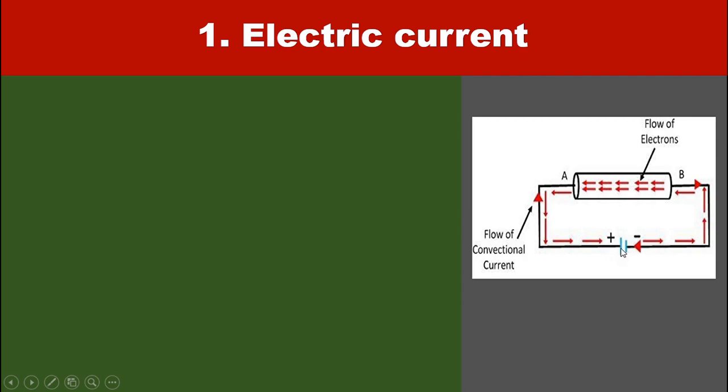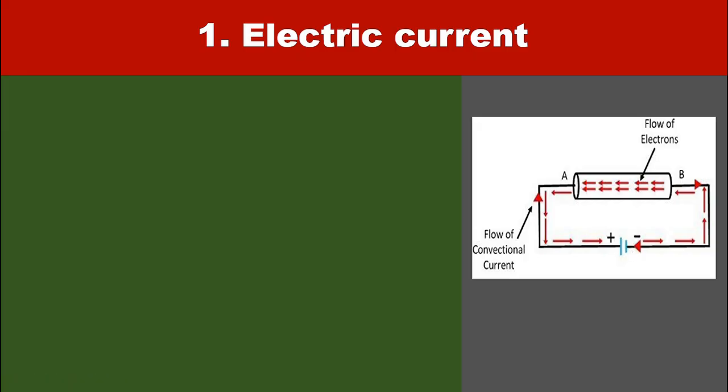The charges flow from the positive terminal. You see, we are showing an arrow mark like this. These charges move from end A of the electrical device to end B, and from end B they reach the negative terminal. This is a circuit.